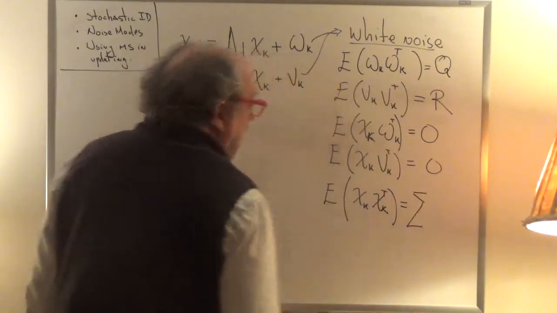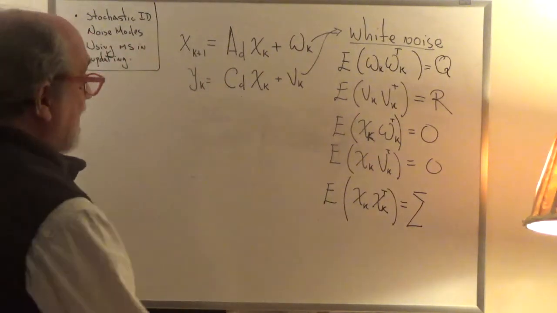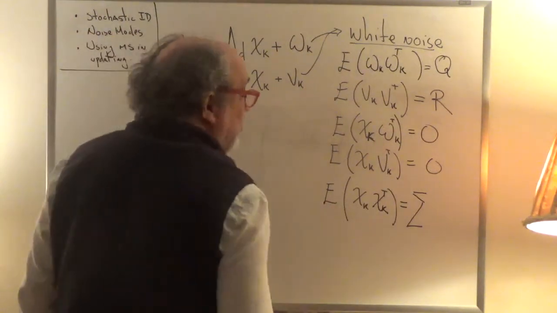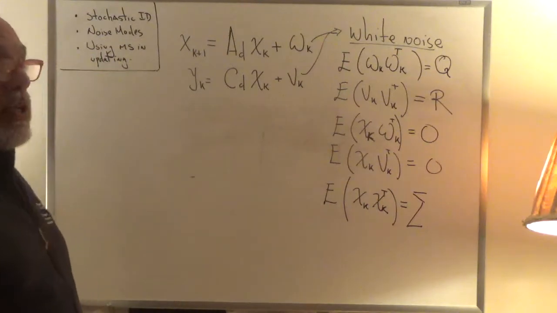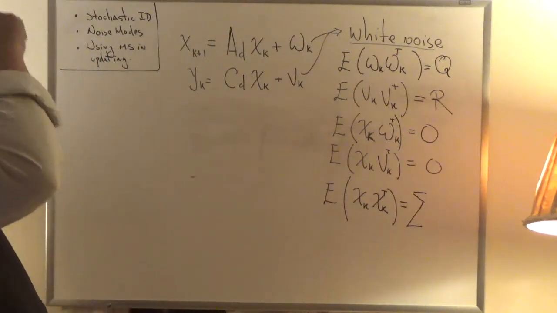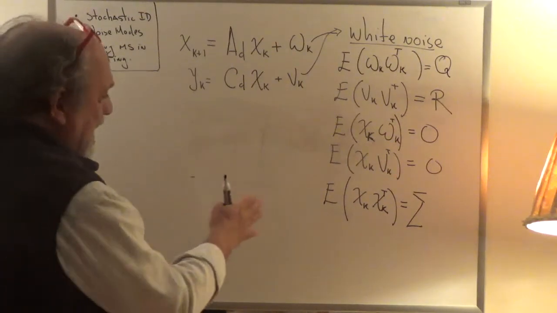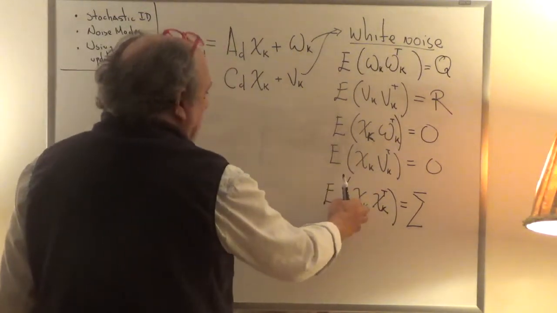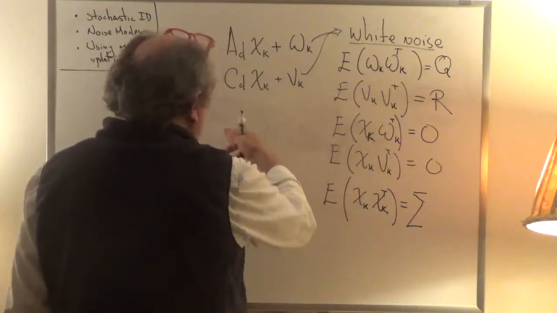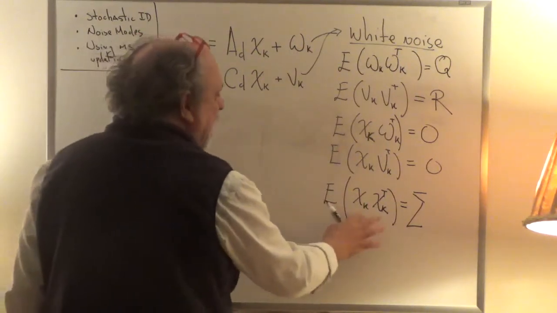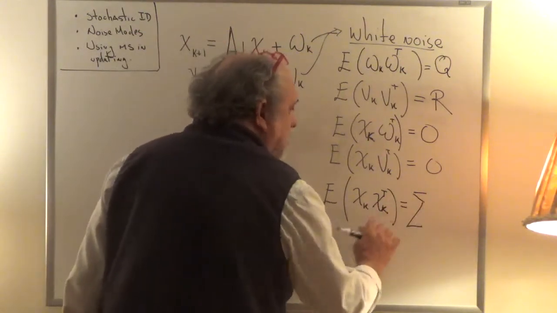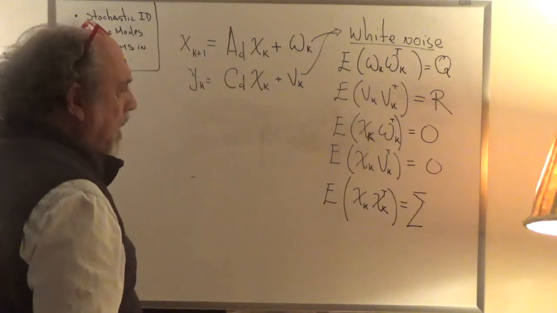We assume that the state xk is stationary. By stationary we mean that the state xk is not that it is always the same, of course, but that its expectation is some matrix that doesn't depend on k.